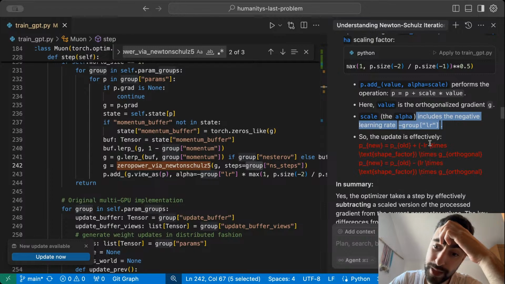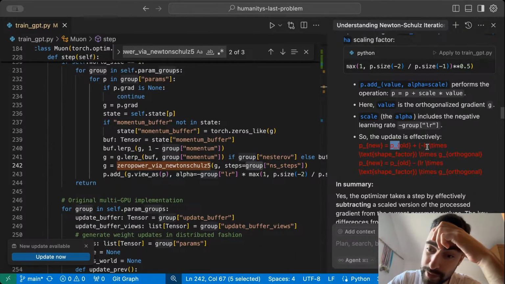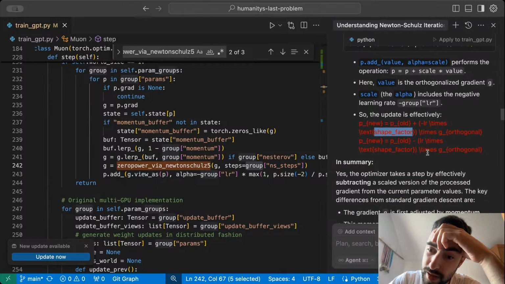So the update is effectively new parameter value is old plus negative learning rate for some reason, times shape factor. I don't know what I'm reading. I don't know. Or times orthogonal P new.